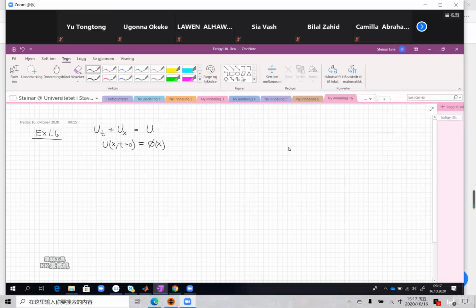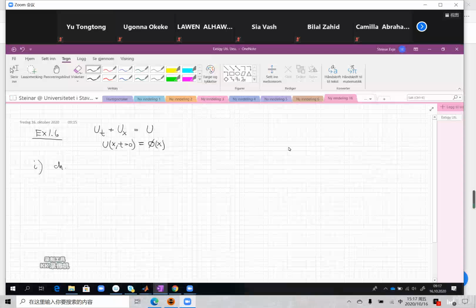But on the right hand side, we have a source term, and this time it does not depend on x, neither t, but on the unknown solution u itself. So this is a new situation compared to equations we have looked at before. But let's just follow the general approach and see what happens.